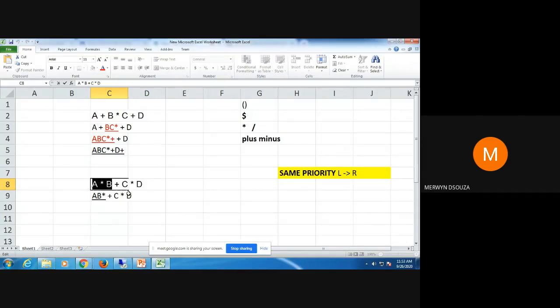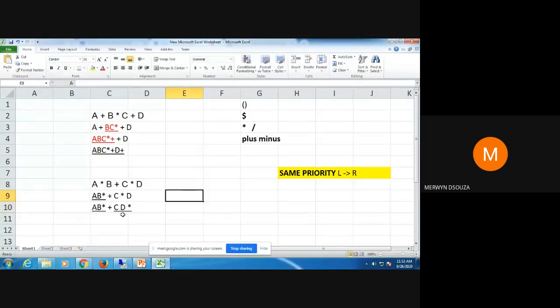So I solve A into B. When I solve A into B, I get the postfix like this, and I underline the solved part, A B asterisk. There are two operators which are not solved, plus and multiply. Next you solve C into D, because multiply has higher priority than plus. When you solve C into D, you will get C D asterisk.